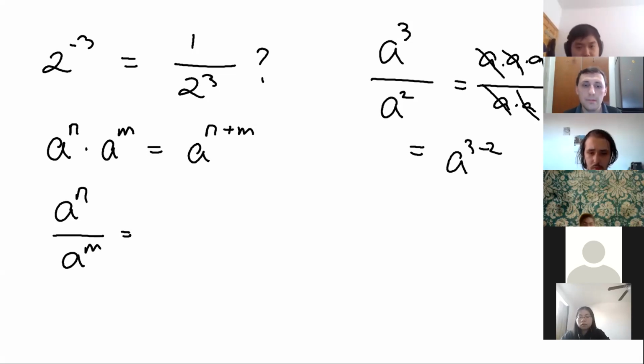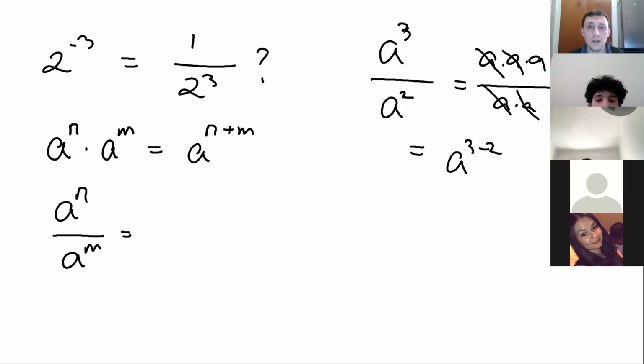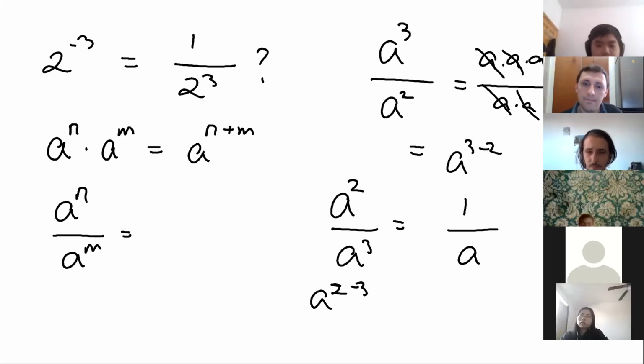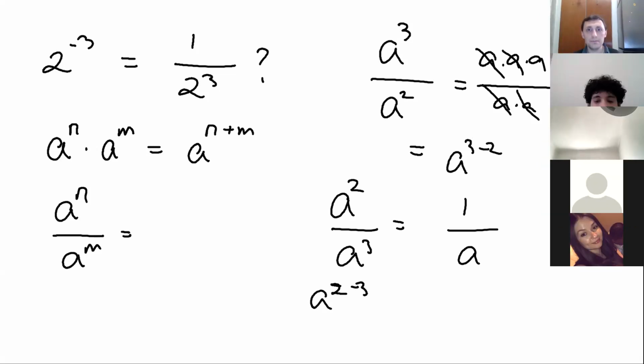Do you agree? Division undoes some of the multiplication, so it's 3 minus 2. But what would happen if I had a to the power of 2 over a to the 3? What survives is a on the bottom. And you want the formula to still work, so that would be a to the power of 2 minus 3. Clear? So that's what makes that reciprocal law work. We can talk more about it if you want.